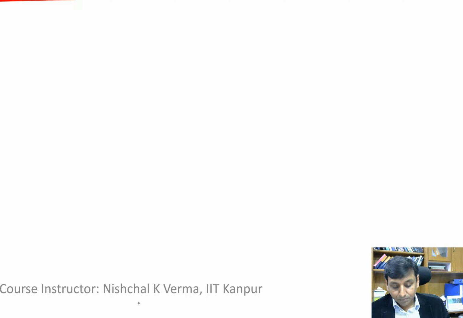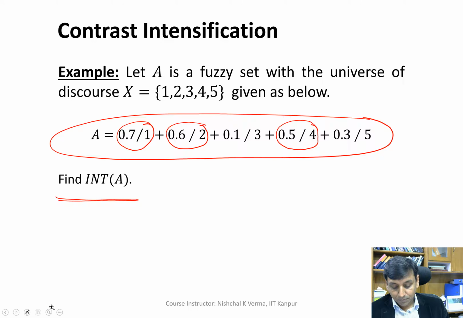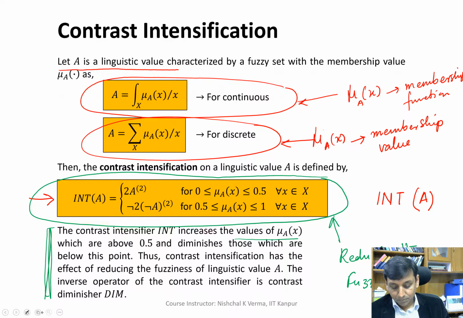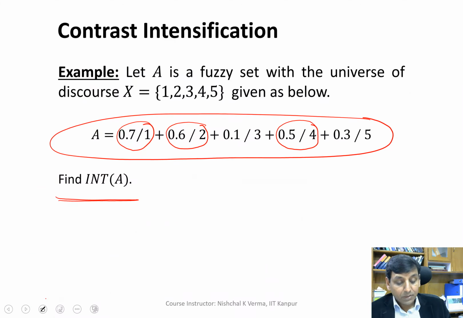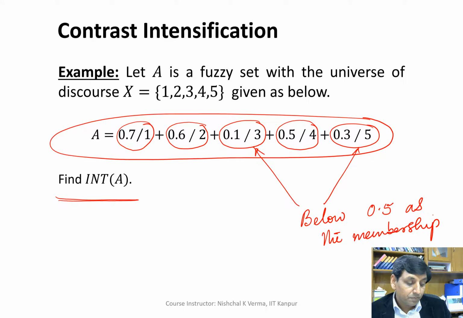So now here we see that we have these two terms which are below 0.5. These are below 0.5 as the membership value.